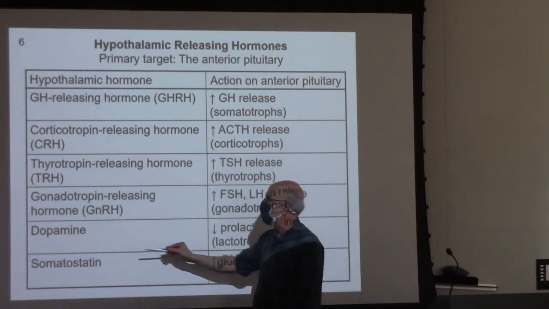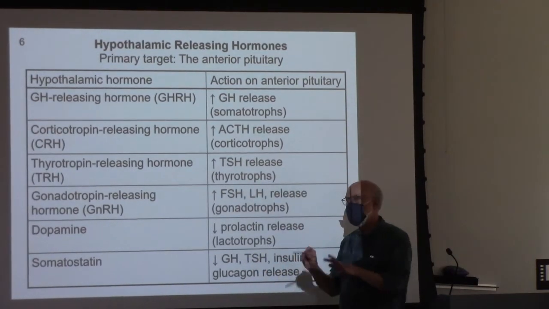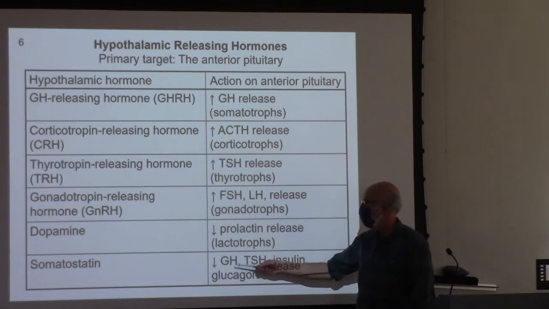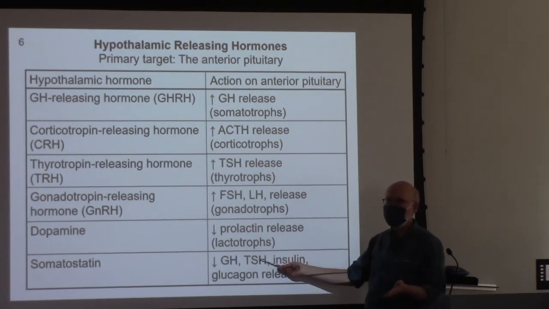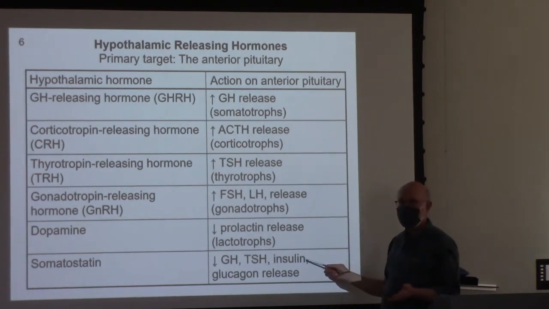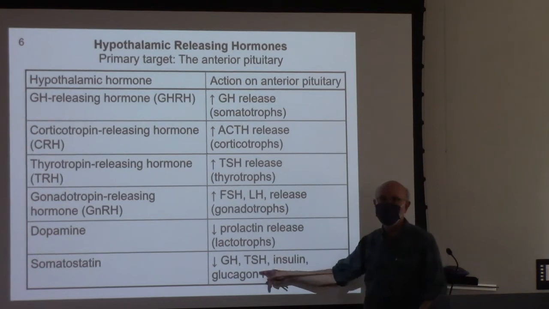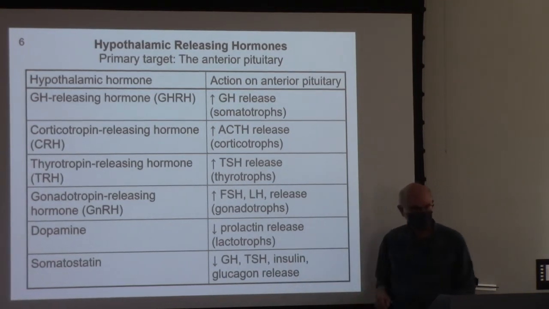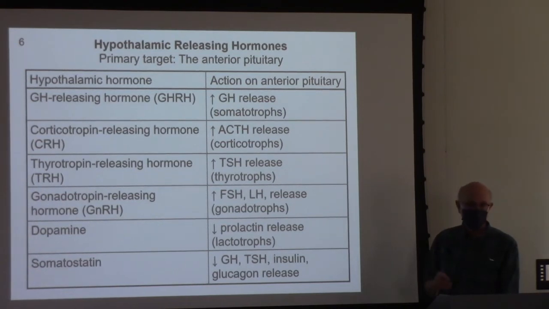Something to think about is that somatostatin is a hormone that puts the brakes on things like growth hormone, TSH, and downstream from that would be thyroid, insulin, and glucagon for the control of blood sugar. We're going to get to that. Questions about this table? Spend a lot of time on this table.